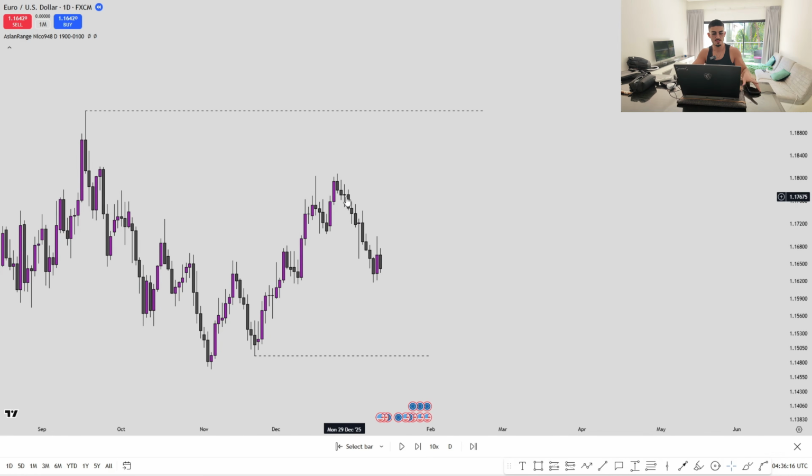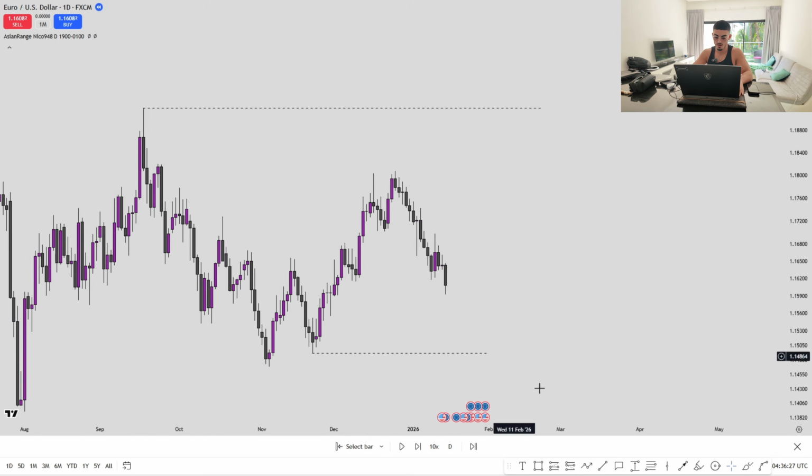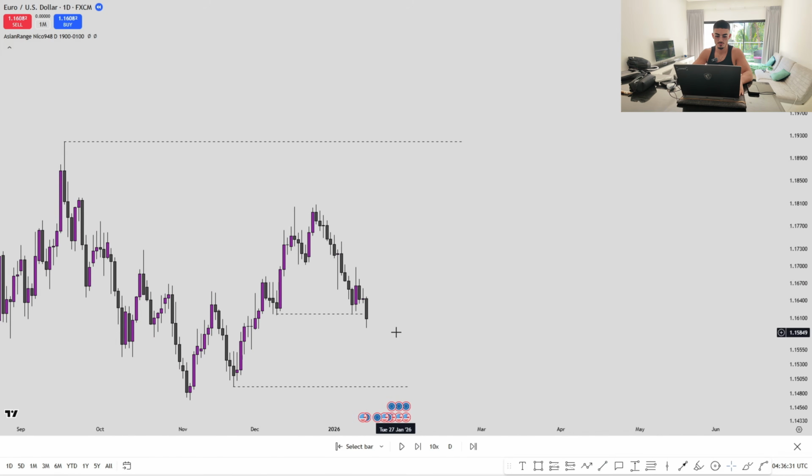So instead of being scared and thinking, oh, the market is looking very bearish, I simply waited for some buying pressure to come in. So eventually you will see if I skip to the start of the week, we came down, right? And we grabbed the liquidity that I was talking about from this low here, okay? Which then gives us fuel to eventually move to the upside.